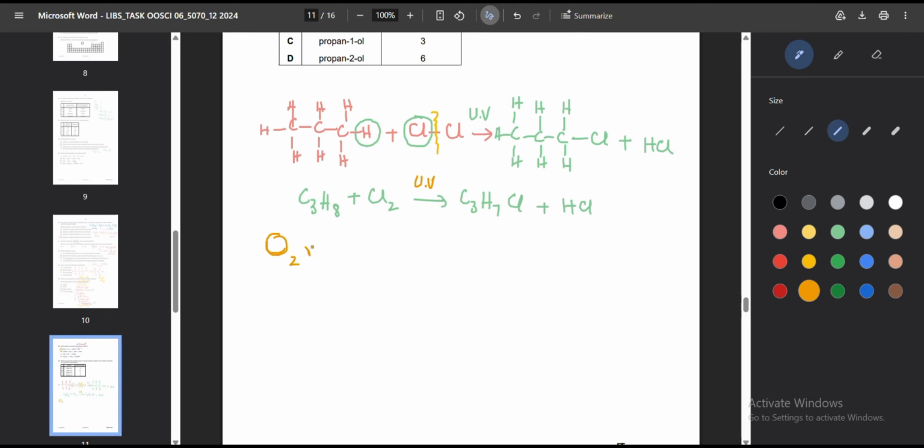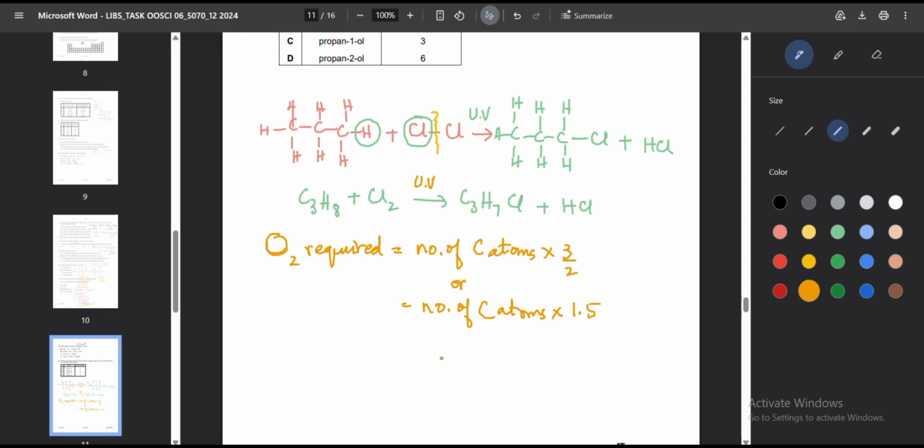Just remember this formula: oxygen required by the alcohols is equal to the number of carbon atoms multiplied by 3/2. Or you can also write it as the number of carbon atoms multiplied by 1.5.